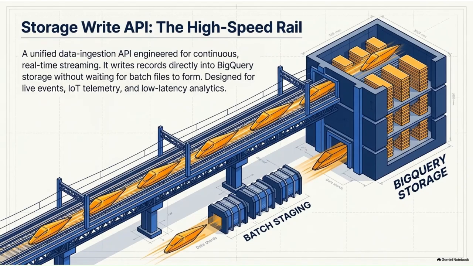With this, after we completed the batch load, I'll move to the second approach, which is storage write APIs. This is high speed rail. If you understand it from the very beginning, I was trying to explain that this is for sub-latency write operations.